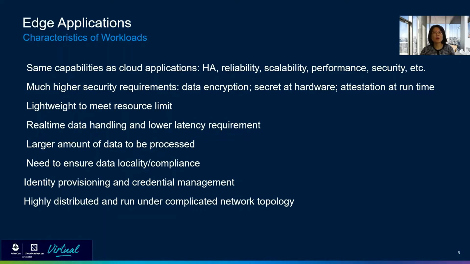Imagine when running workload at remote edge locations, one would want to encrypt data before storing it to the disk. Some private secrets are better to be held at hardware level, and each application should attest itself at runtime.